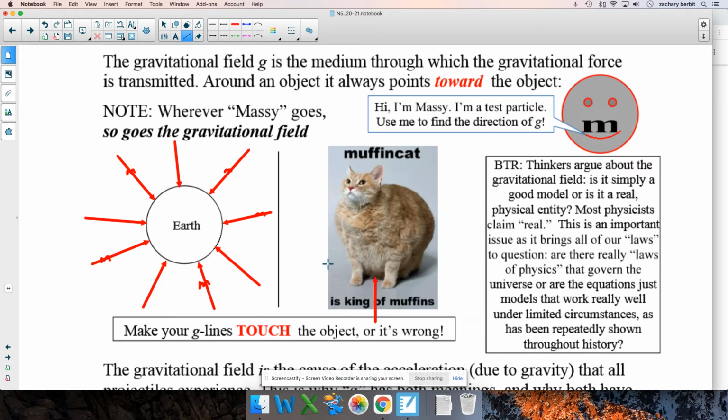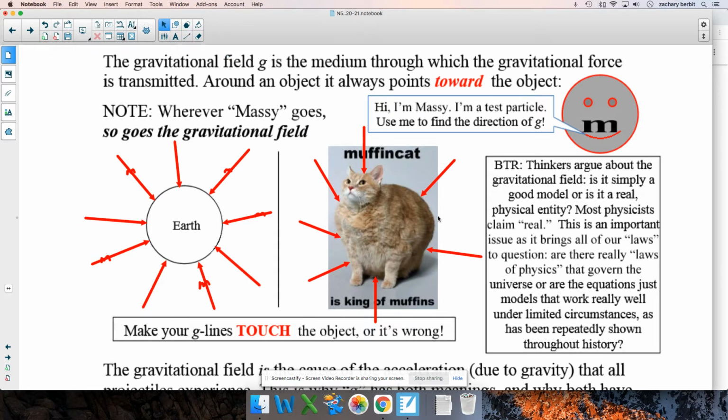There's a gravitational field line for Muffin Cat. There's a field line. There's a field line. There we go. So Muffin Cat's got a gravitational field around him. Boom, there are the gravitational field lines representing the gravitational field around Muffin Cat.